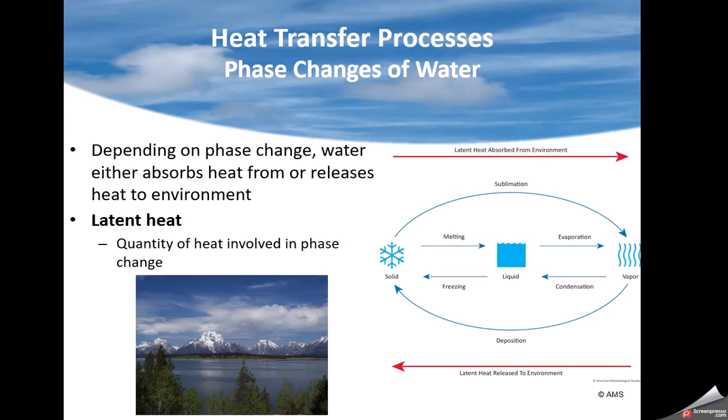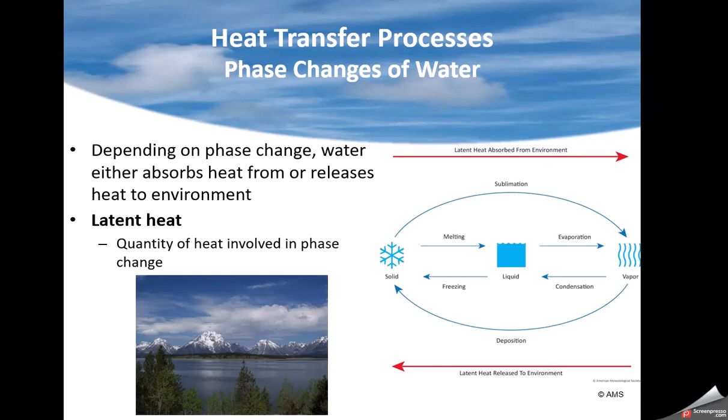That is latent heat. If you go the other way, a solid melts and becomes a liquid. That requires heating from the environment to come into the water. So that's the opposite process.